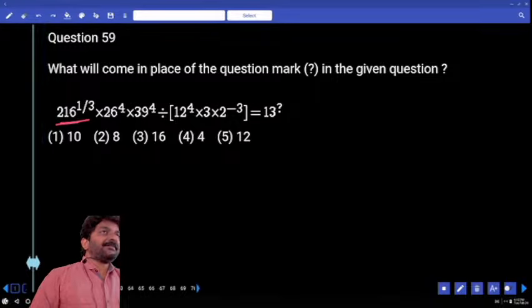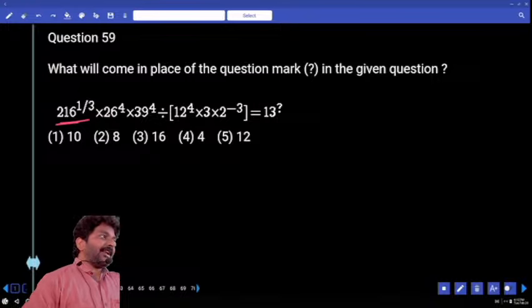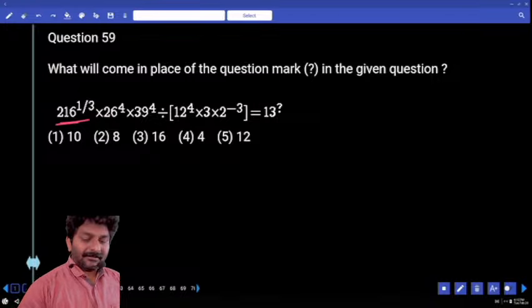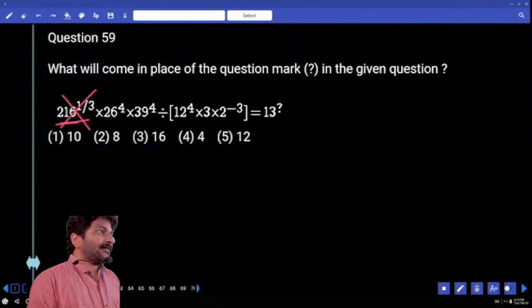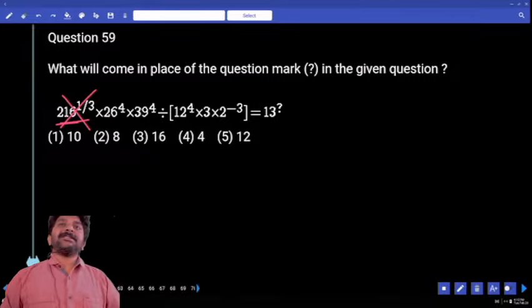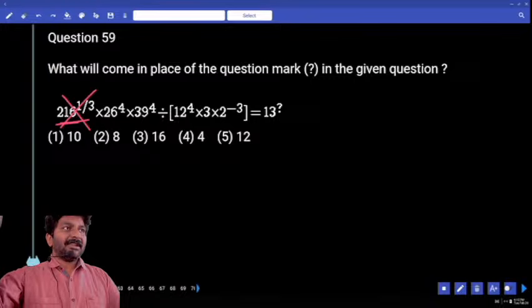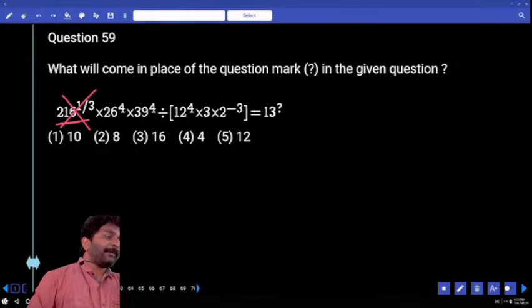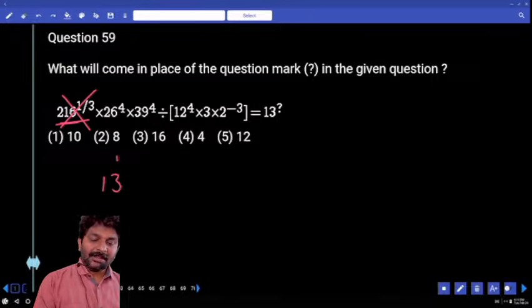Yes? 2 and 6, power 1 by 3. That means you need to identify it as a cube, right? Which cube is that? Do you have 13 here? Forget about it. Base value 26 can be written as 13 into 2. Is there 13 multiple there? Forget about 2. You have only 13. Power, I need only that.